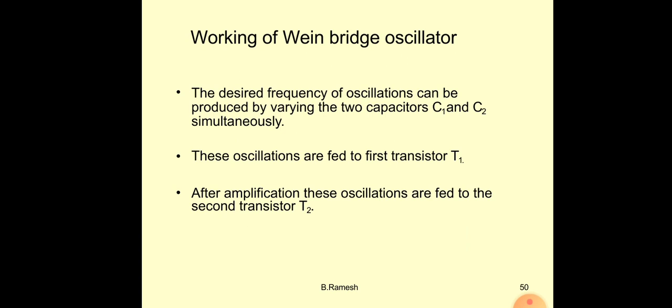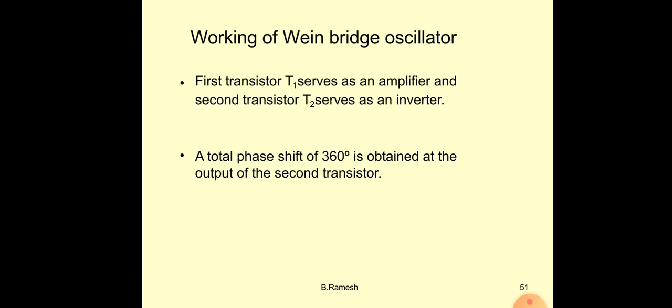Working of Wien bridge oscillator: the desired frequency of oscillations can be produced by varying the two capacitors C1 and C2 simultaneously. These oscillations are fed to the first transistor T1. After amplification, those oscillations are fed to the second transistor T2. The first transistor T1 serves as an amplifier and the second transistor serves as an inverter.